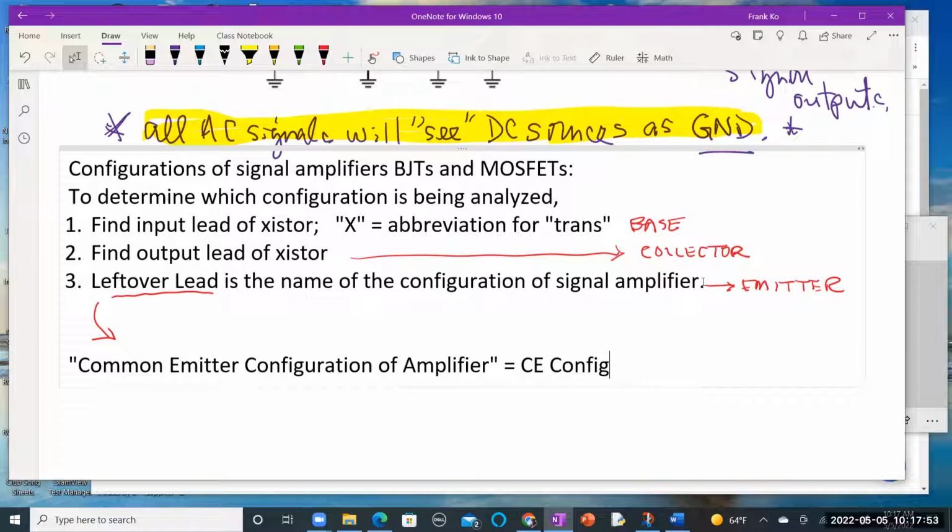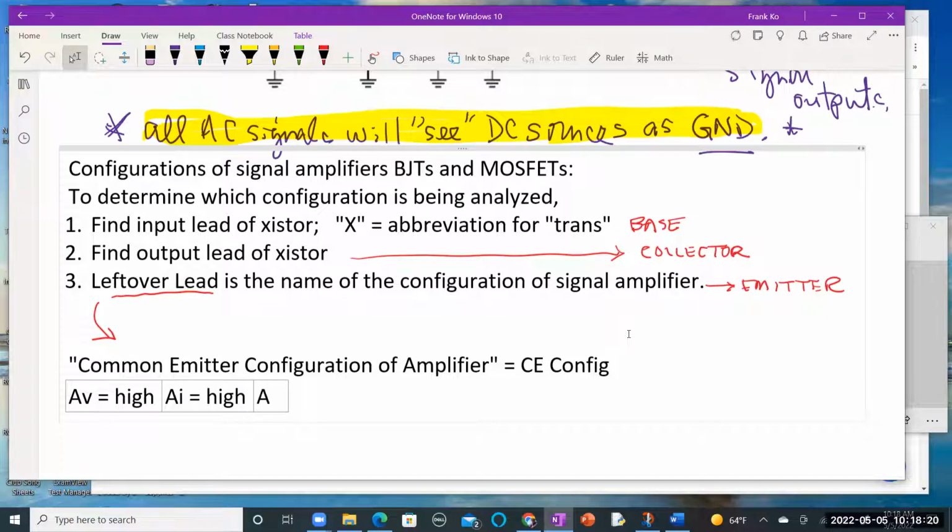Okay, and this has some very specific properties. It happens to have AV is high, and AI is also high.